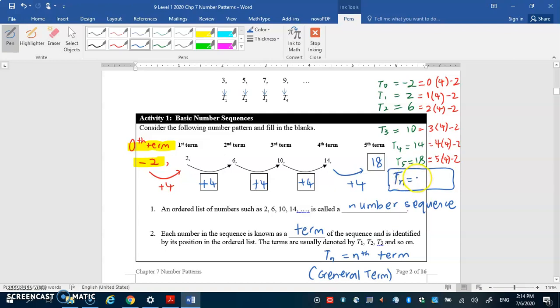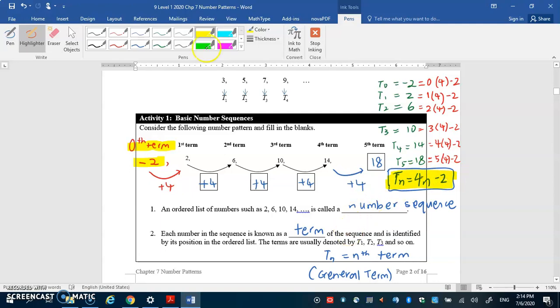It would be n itself, and then the common difference, which is 4. So 4 times n minus 2. That's it. If the question asks for the general term of this number sequence, you would say Tn equals 4n minus 2.